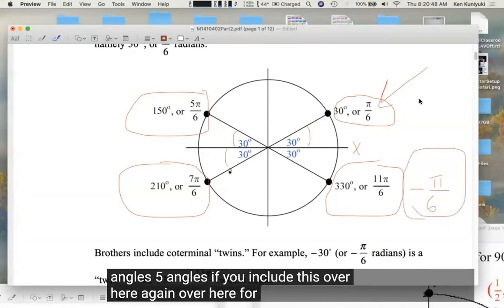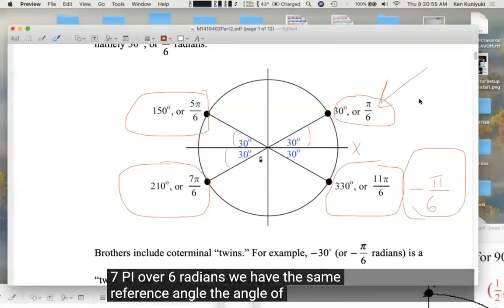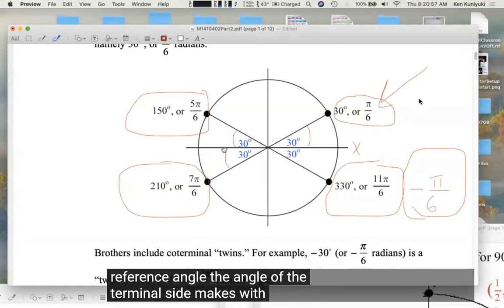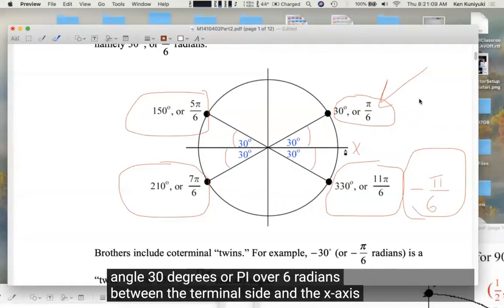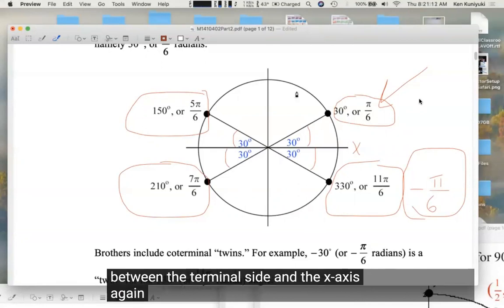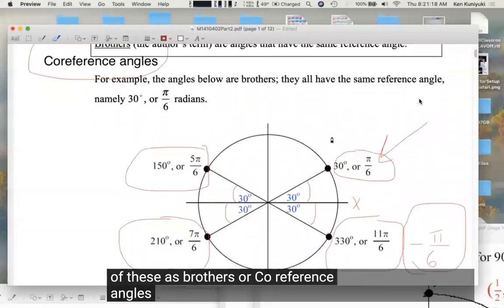Again, over here, for 210 degrees, or 7 pi/6 radians, we have the same reference angle, the angle that the terminal side makes with the x-axis. Over here, for both 11 pi/6 and negative pi/6, we have the same reference angle, 30 degrees, or pi/6 radians, between the terminal side and the x-axis. Again, I refer to these angles, all 5 of these, as brothers or co-reference angles.